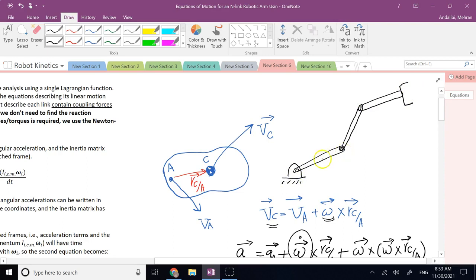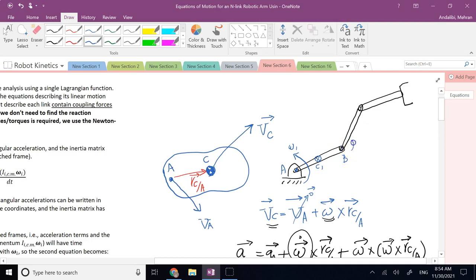Let's say here, if I know the omega of the first link, omega 1, right? V of A can be considered as pinpoint because pinpoint has zero velocity. And if I know omega, then I can clearly find V of C1. And when I find V of C1, I can also find V of point B, the next joint.